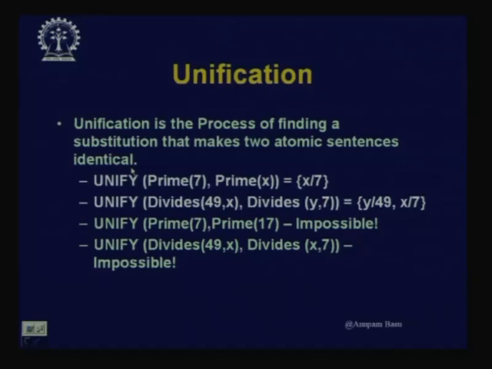When two atomic sentences are identical, then I can use one for the other, and that often helps out in inferencing, which we will see in the next lecture also.